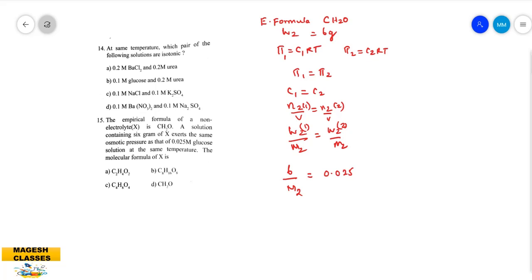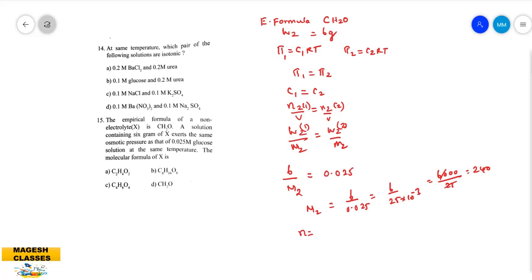M2 is equal to 6 divided by 0.025, which is 6 divided by 25 into 10 to the power of minus 3. This is equal to 600 divided by 25, which is 240. So the molecular mass is 240.